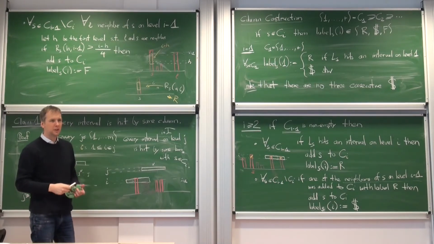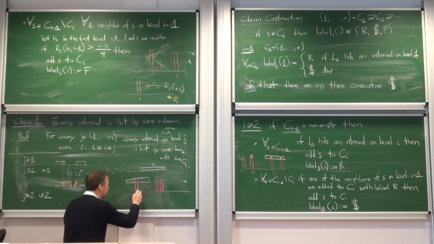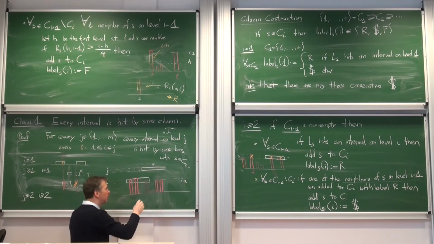And now will come the rule of the dollar. Yeah, because we have this column here, and maybe there are more. But we take the rightmost column over those, and here is the R sign.